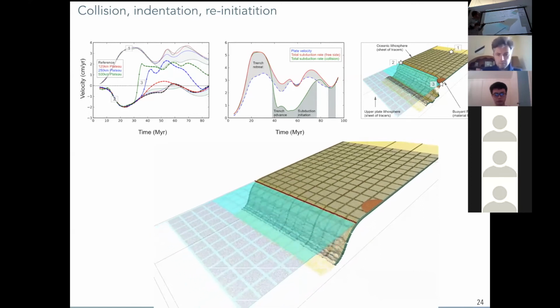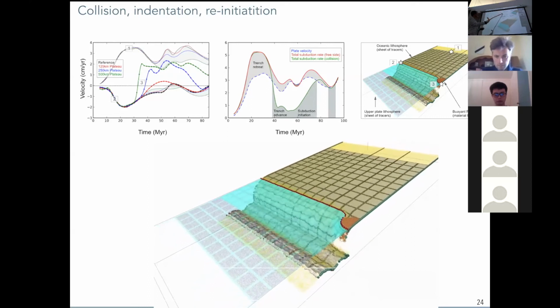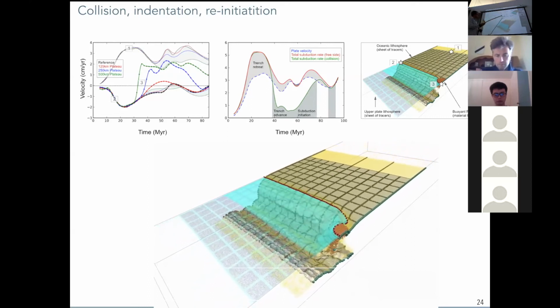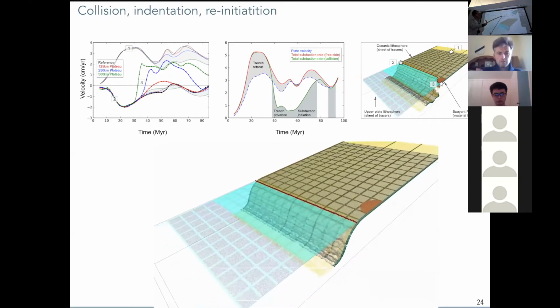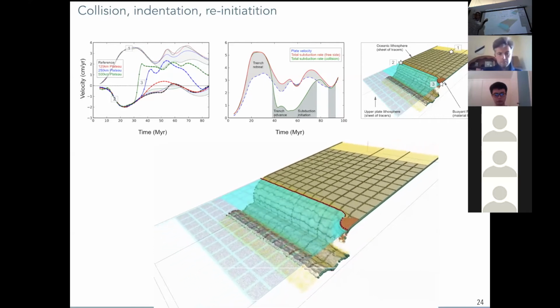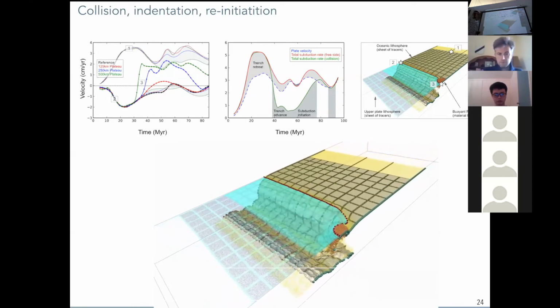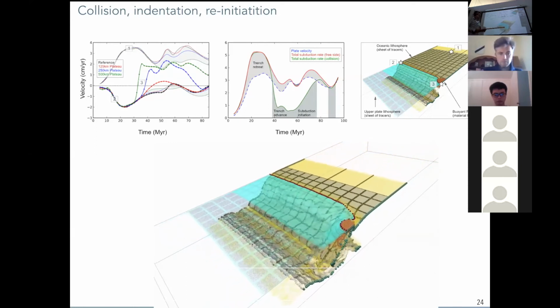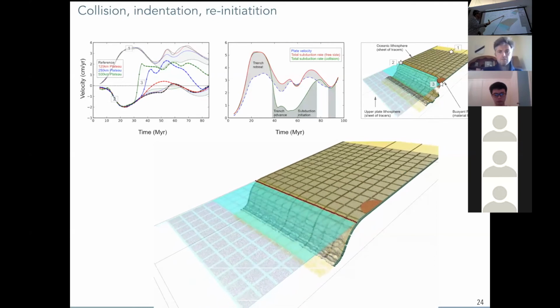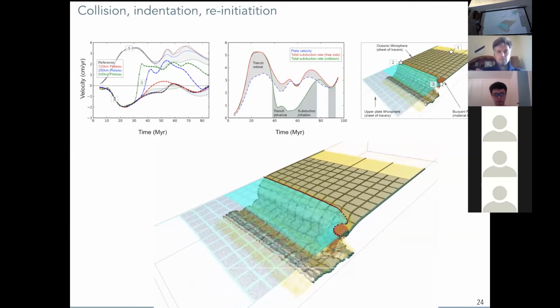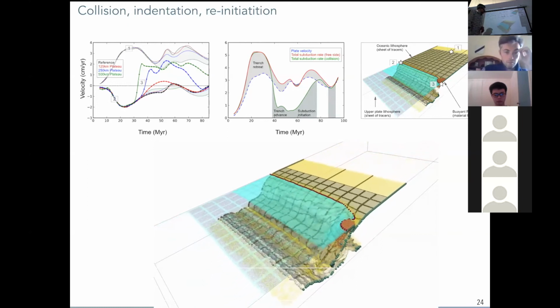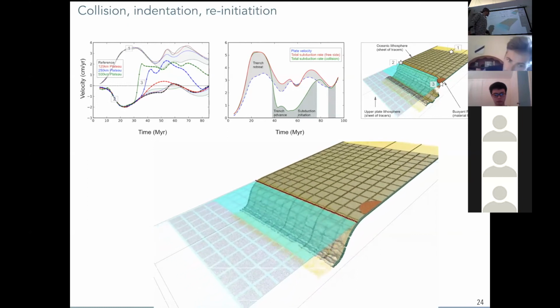Okay, so it's interrupted but not shut off on this side, and it starts to retreat. And here it basically shuts off completely. We have some kind of distributed plate boundary. But then it restarts behind the system, and it goes back to being a straight subduction zone. Maybe not quite straight, but it goes back to approximately a two-dimensional system.